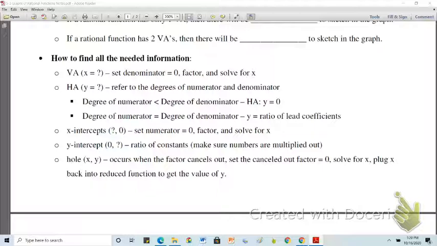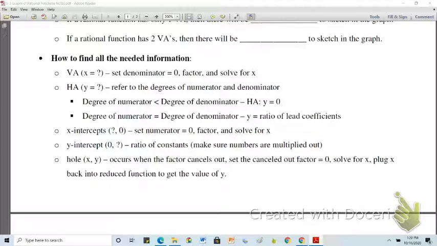You're going to find the degree of the numerator and the degree of the denominator. If it is bigger on bottom, your horizontal asymptote is y equals 0. If the degrees are the same, you are going to use the ratio of lead coefficients. And if it's bigger on top, you're going to put none. Your x-intercept, you are going to set the numerator equal to 0.